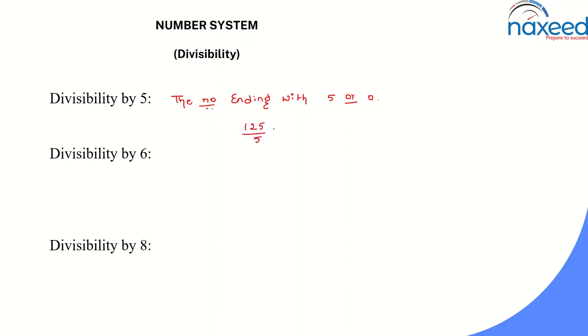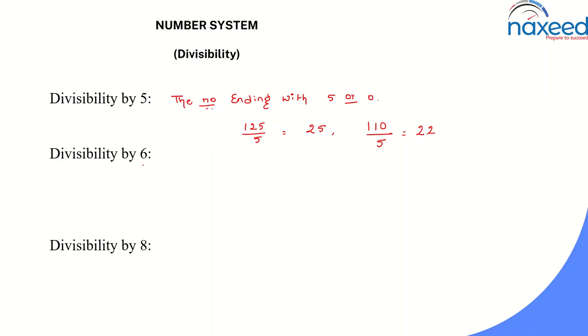Yes, it is divisible by 5. That is 25 times. And 110 ending with 0 is divisible by 5. Yes, that is 22 times. In this way, we can easily identify that if the number is ending with 5 or 0, such numbers are divisible by 5.